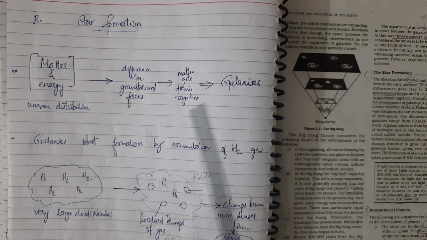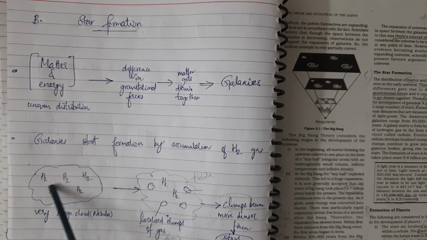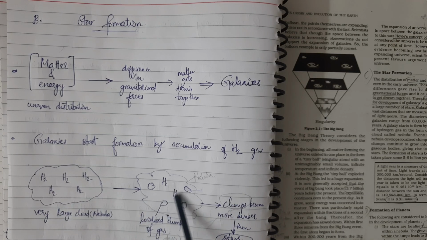How this galaxy formed is that it started forming by accumulation of hydrogen gas. Things came together and formed a very large cloud with hydrogen. This very large cloud is called a nebula. After some time, at some point, it started clumping.